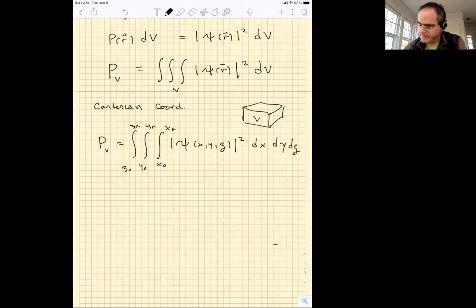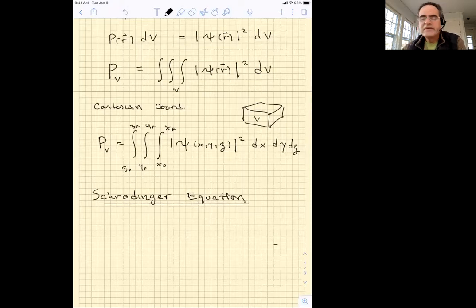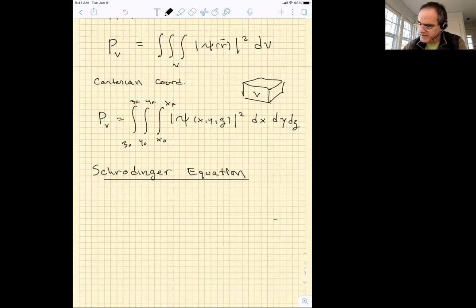And finally, we have Schrodinger's equation adapted to 3 dimensions. And here, I'm just going to give the time-independent Schrodinger equation. That's what we've been using most recently, and that's what we'll focus on now too, okay? So this is the time-independent version, and we can write it in the following way: minus h bar squared over 2m.